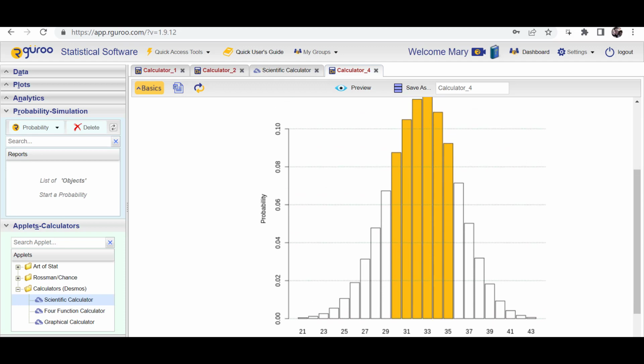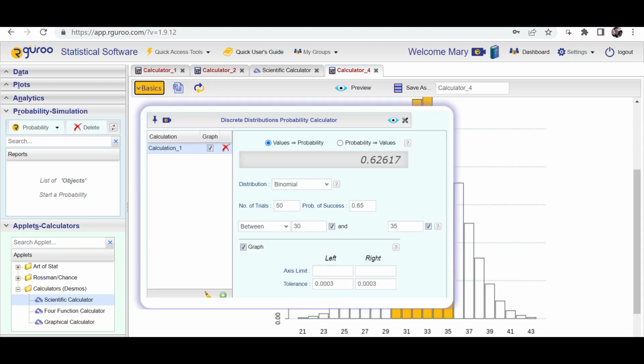If you were using another method, such as a TI calculator, you can do this, but it is so much quicker this way. So just going back and showing you what I did, I chose the calculator, put in the number of trials and the probability of success, and I chose between. It says lower tail and upper tail, and you have to put in the number.